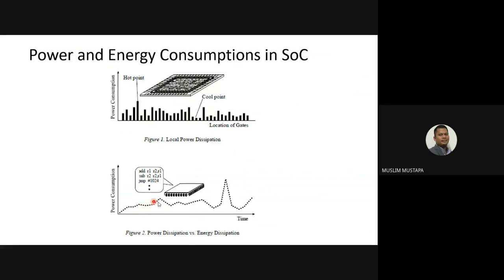But then all of a sudden, you open an application that needs to process a lot of data, like video games, or maybe movie editing. You do some video editing on your phone, then it's going to consume a lot of power.